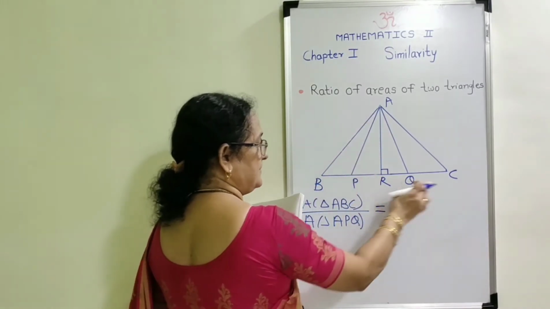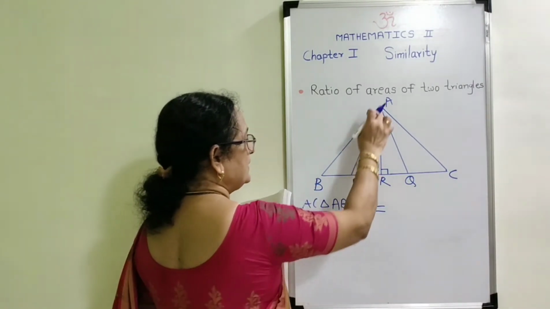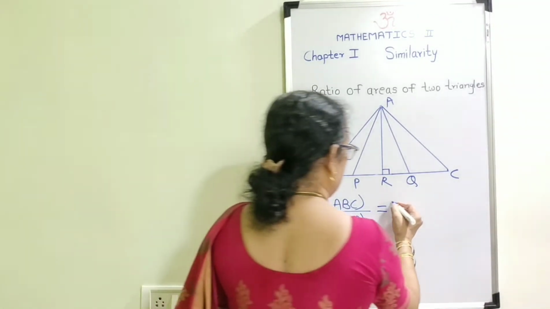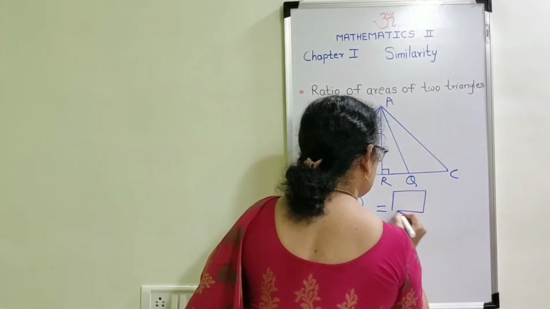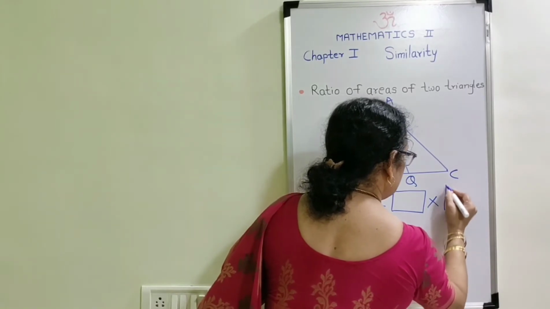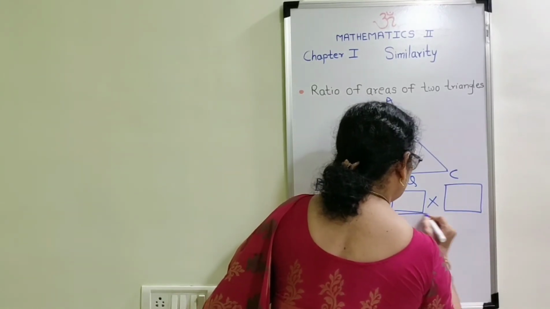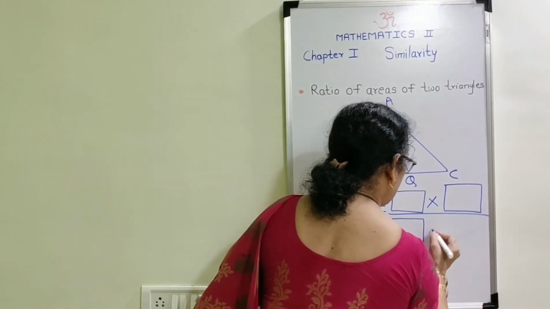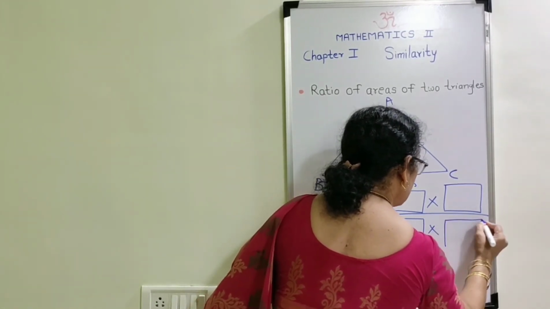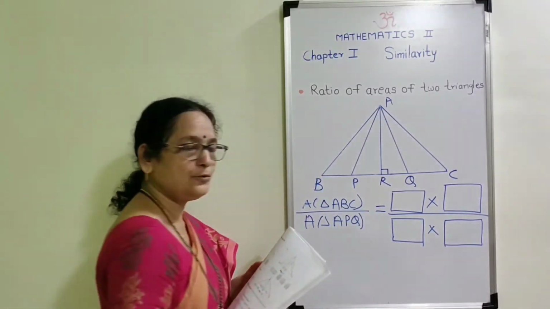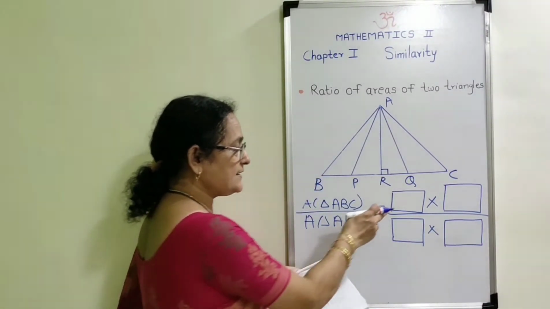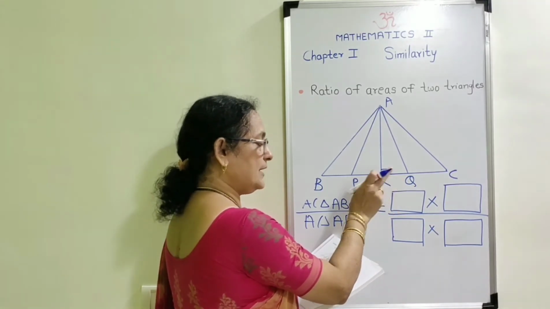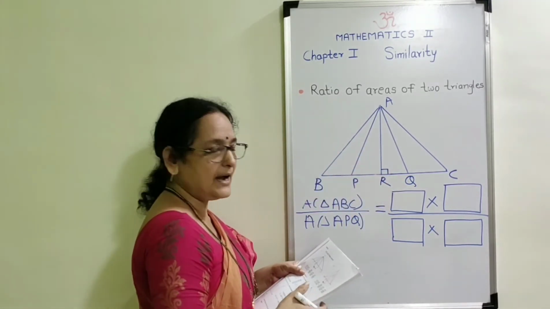First bigger triangle ABC and second triangle A, P and Q. And they have given the blanks to write the ratio of areas of these 2 triangles. Just now we have completed the property that when you take the ratio of areas of 2 triangles, it is always equal to the ratio of the product of their corresponding bases and heights.